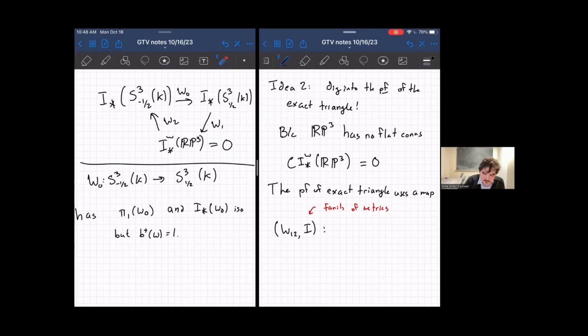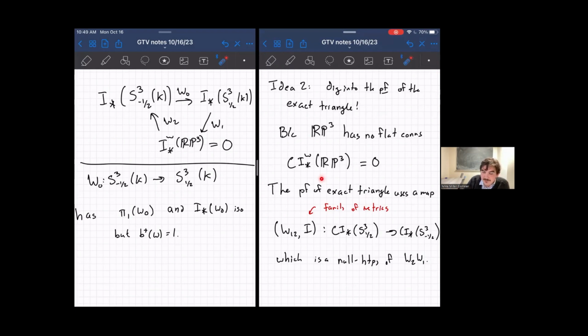This gives a map from the 1/2 surgery complex to the minus 1/2 surgery complex, which gives a null homotopy of the induced map. Apply the W1 chain map, apply the W2 chain map. But this is where the magic happens. That induced map is 0. It factors through the 0 chain complex.